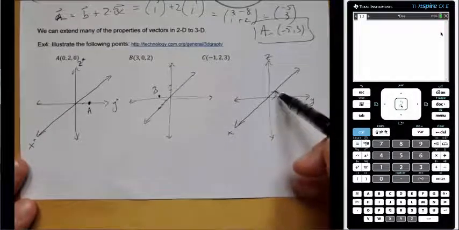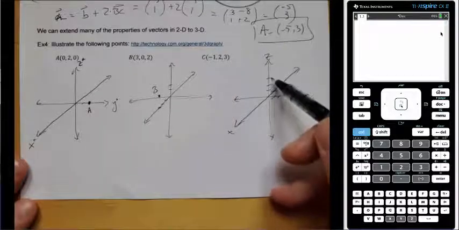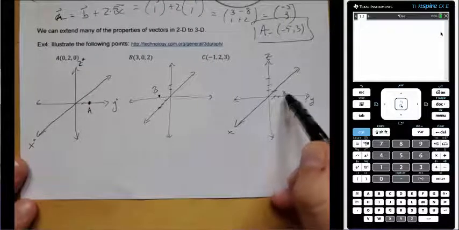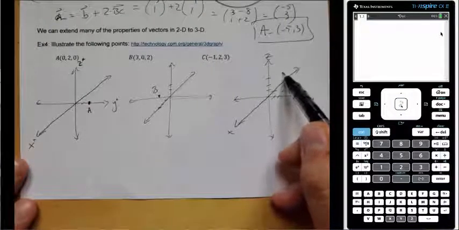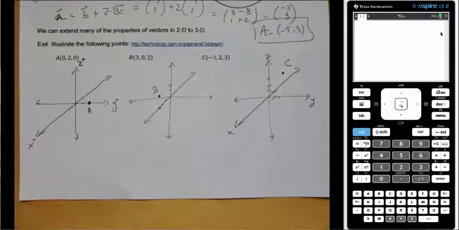So back 1, over 2, and then I'm going to go up 3. So back 1, over 2, and up 1, 2, 3. I think it would be something like this. Again, representing 3 dimensions on a 2-dimensional plane is pretty difficult, but I think these aren't bad sketches of what they might look like.